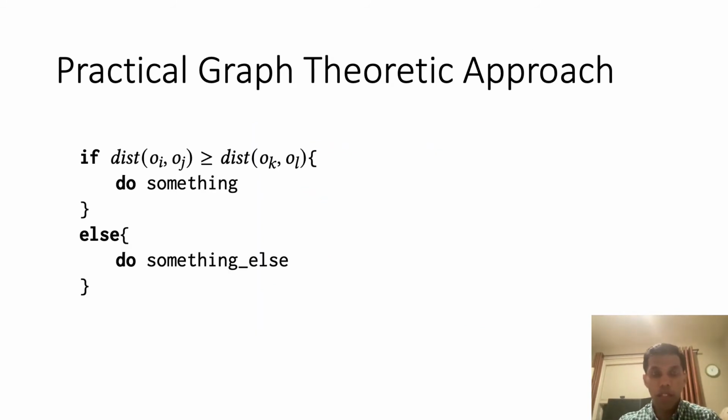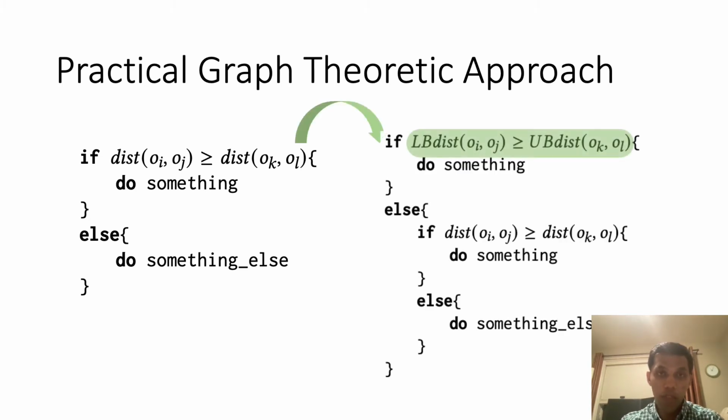Earlier in the discussion, we mentioned that if statements are the main reason why distance computation calls go up. So we started asking ourselves this question: can we reauthor these if statements to avoid the expensive distance call as much as possible, whenever it is possible? Thus, we modified the if statements to the one on the right-hand side.